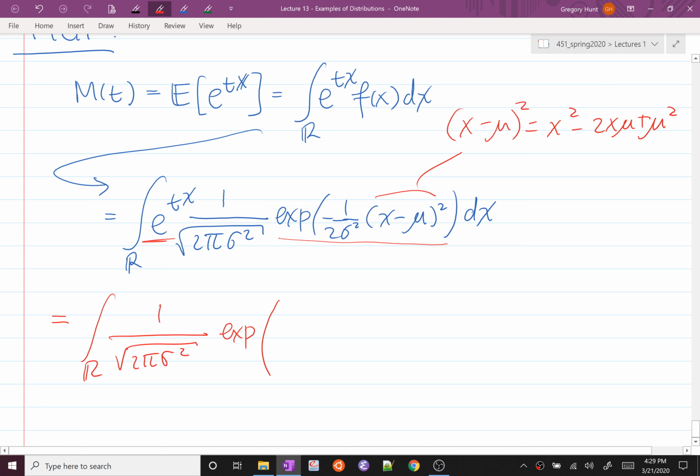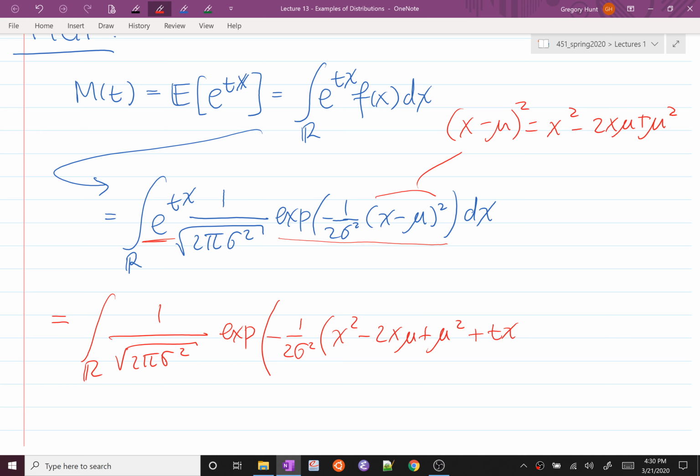And we can write this all as one exponent now. And I'm going to write this as 1 over 2 sigma squared times x squared minus 2x mu plus mu squared. And then I want to bring in my tx, but I have to multiply it by the proper constant out front.